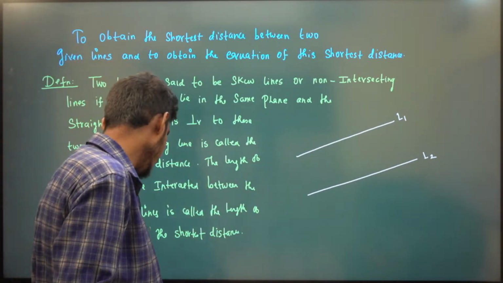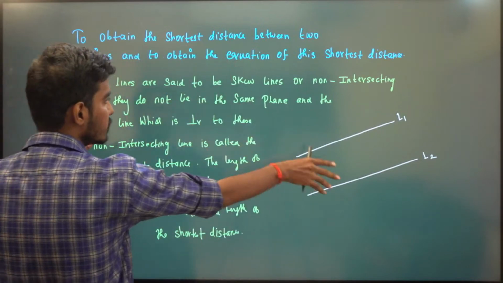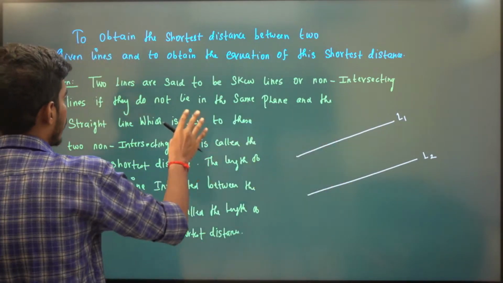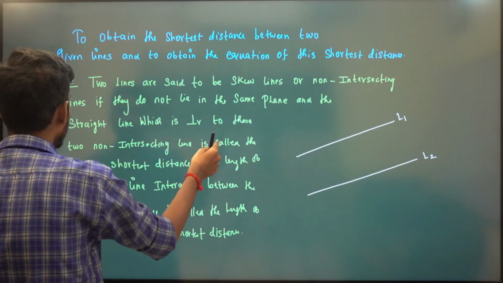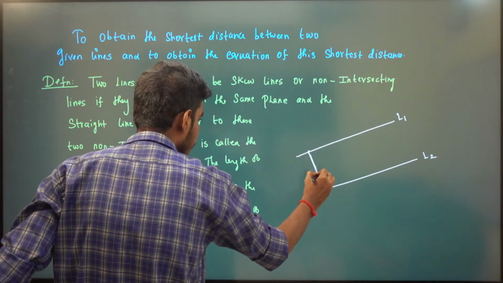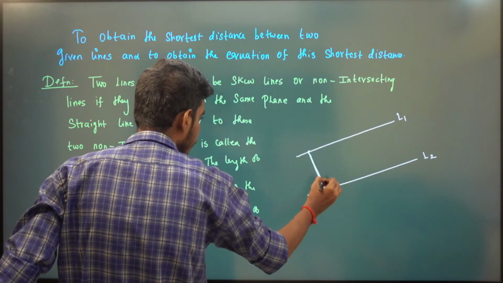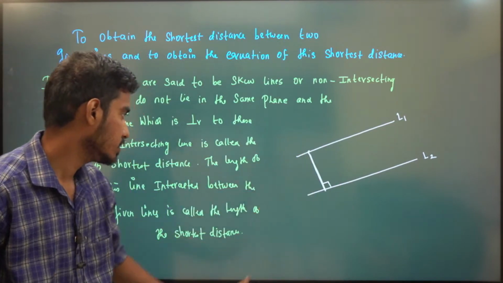Two lines are said to be skew lines, that we know. A straight line which is perpendicular to these two lines is called the line of shortest distance, right?